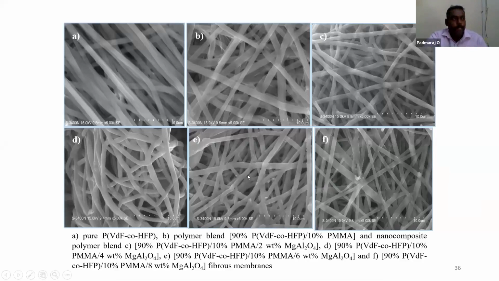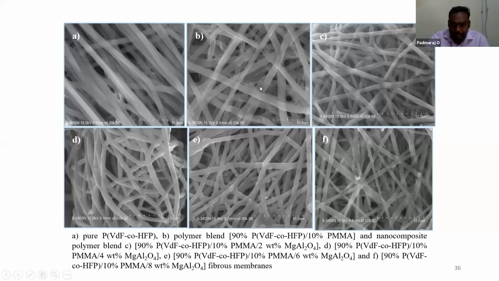The interlaying of the fibers generates a porous structure between the layers. Here there is more porosity, and more electrolyte absorption as well as retention capability. Understood. So this is the HRSEM of the developed membrane. Here A indicates the pure one, and B1 is the polymer blend.